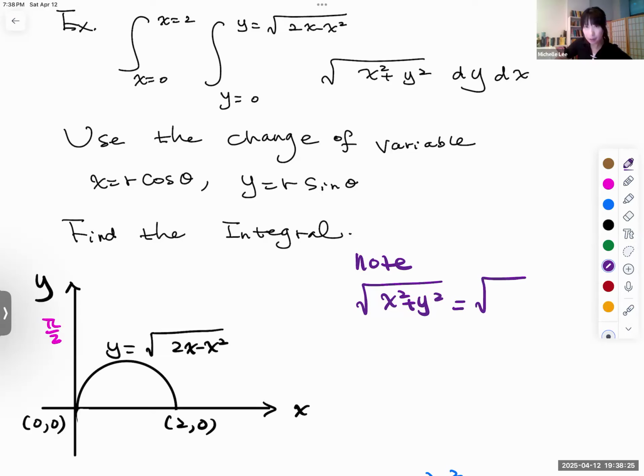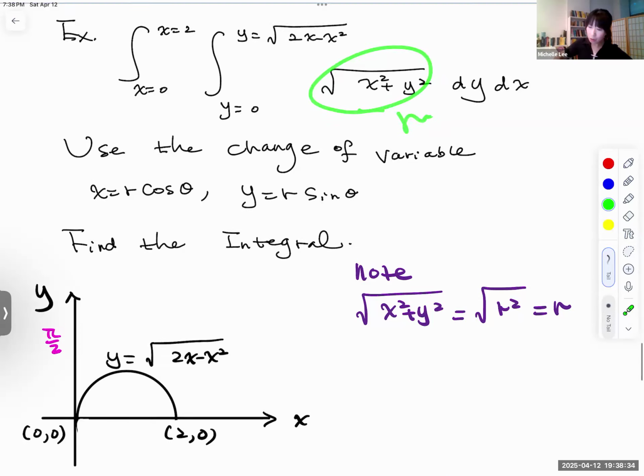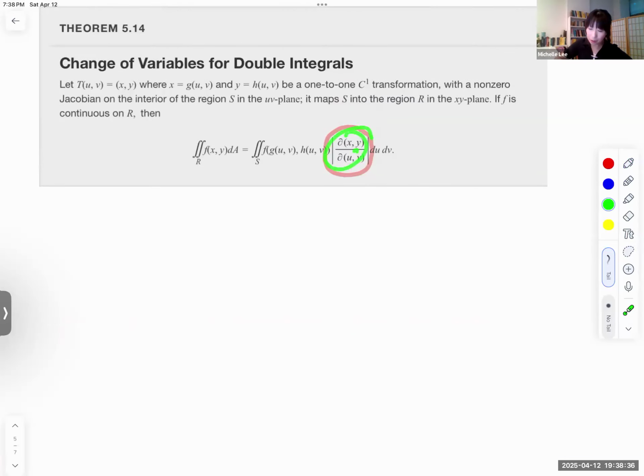Inside we have r squared, so the square root is r, right? Then we can express this one as r. And then we are using the Jacobian, so r d r d theta, right? Make sense? Okay, let's do it.